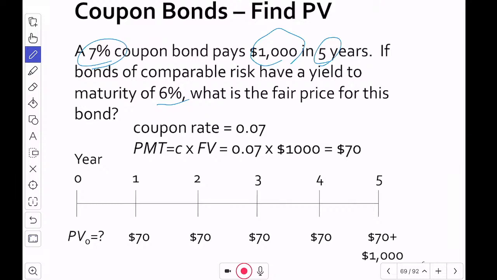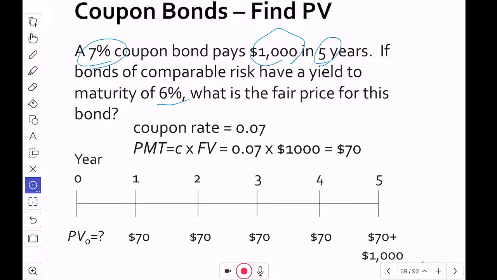What is the fair price for this bond? This is our timeline. $70 every period, and then the $1,000 at maturity.